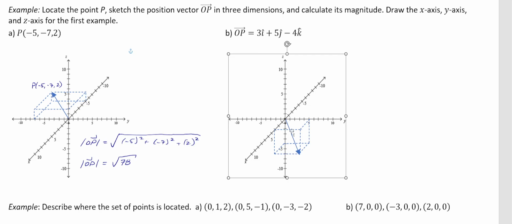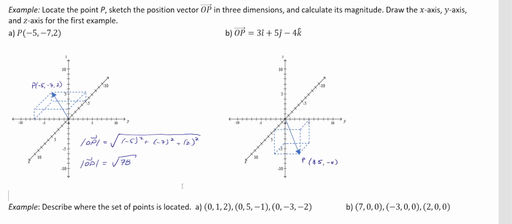And so I create this 3-dimensional prism here, knowing that it's going to go from the origin to this point right here on the prism, which is 3 units along the x, 5 units along the y, and -4 units down along the z. And so that's my point 3, 5, -4.